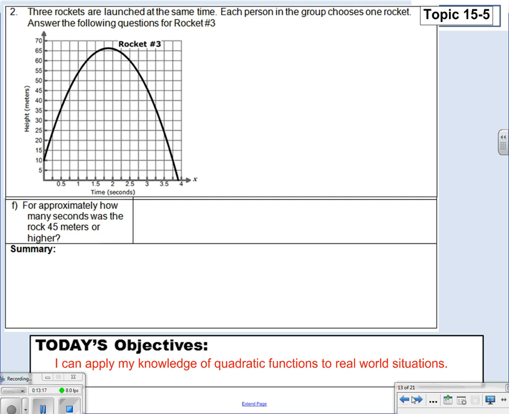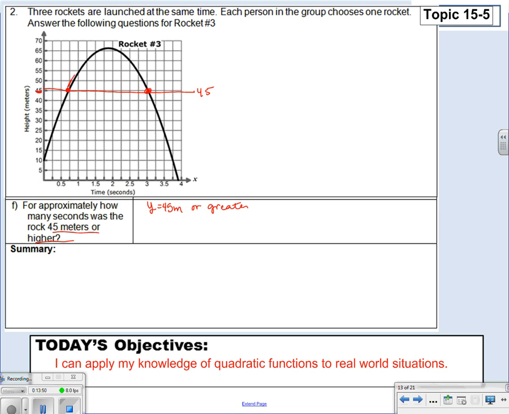F says, for approximately how many seconds was the rocket 45 meters or higher? So let's look, 45 meters or higher, this is talking about a y value, 45 meters or greater. So I'm going to go to my y and see where it's 45 meters, cross over, and find where it intersects.